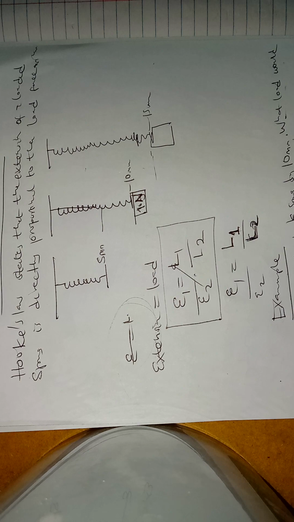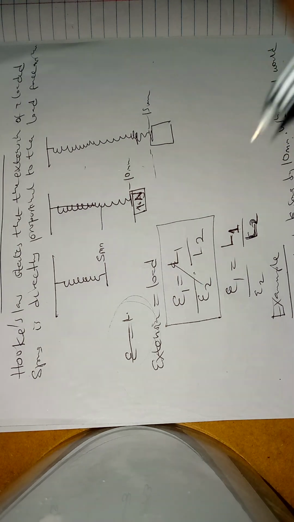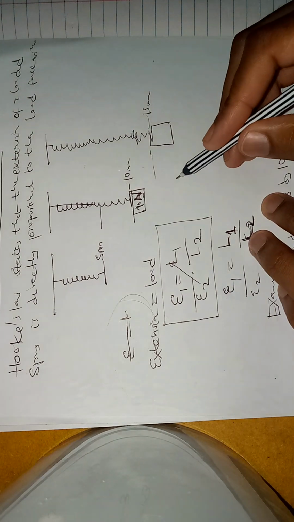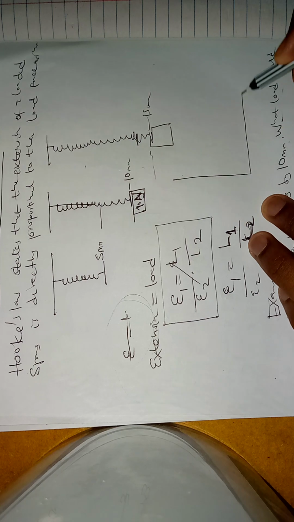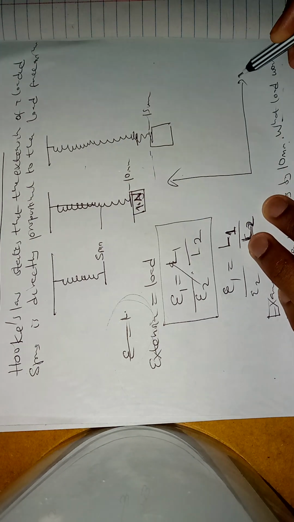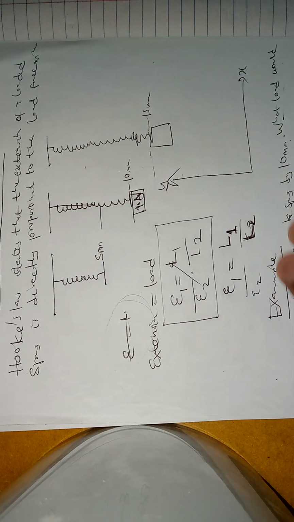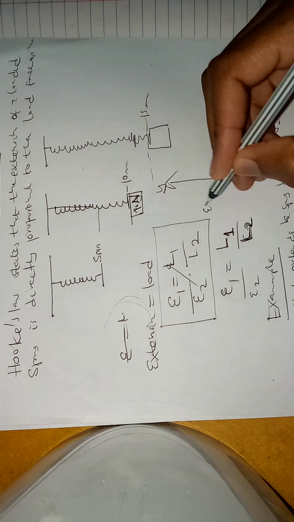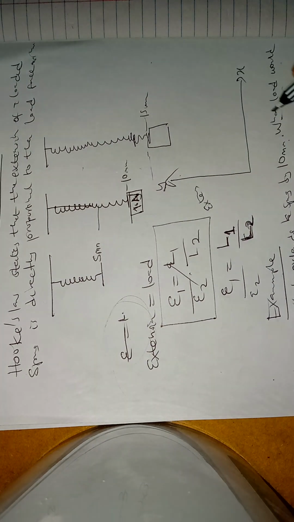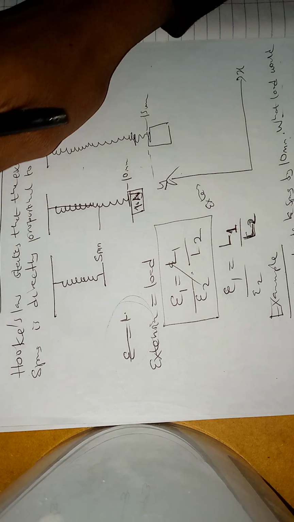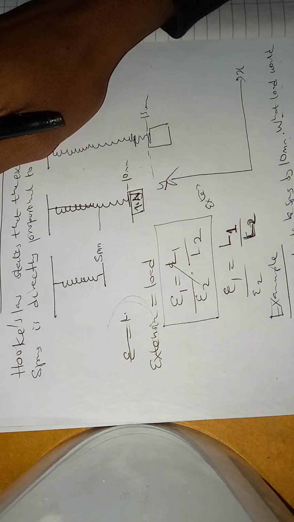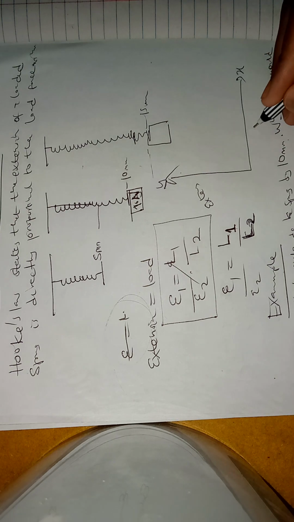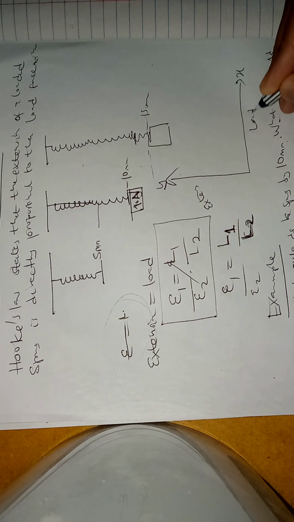So what happens is that when we say that something is directly proportional to the other thing, the graph is going to be like this. And a graph is going to have the x-axis and the y-axis. On the y-axis, we're going to be having the extension. Then on the x-axis we're going to be having the load.